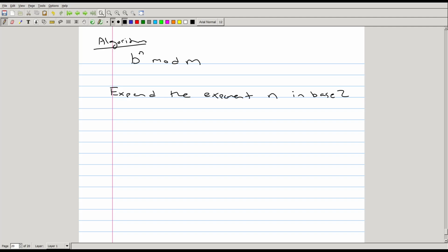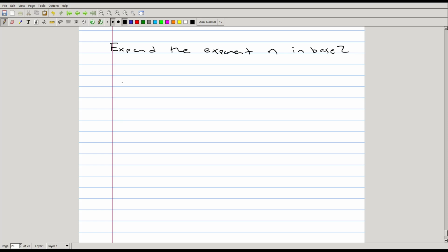And what this gives us is something very nice. b to the n is going to be b to the a naught plus a 1 times 2 plus a 2 times 2 squared, all the way up to the maximum integer in our expansion of n base 2.